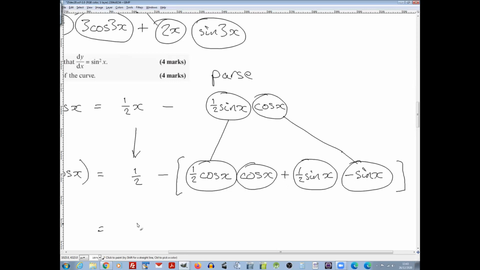So we might as well start with half sine squared x minus half cos squared x. Then what? Then plus a half even. Good.